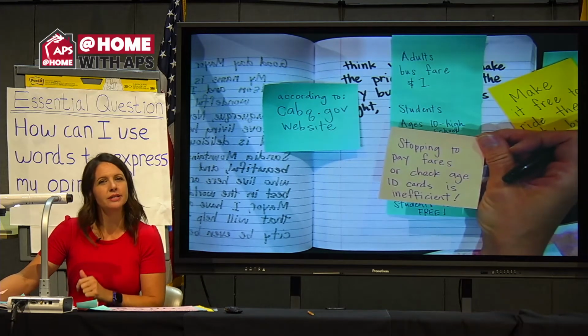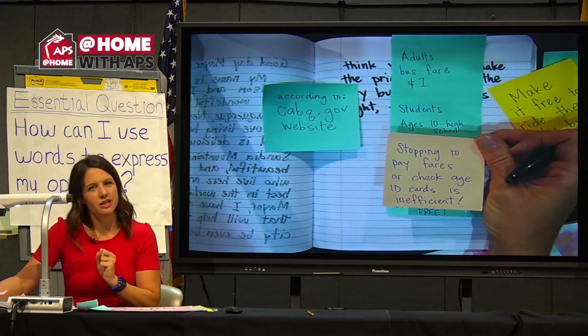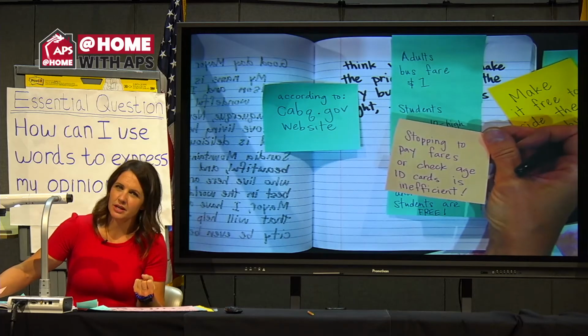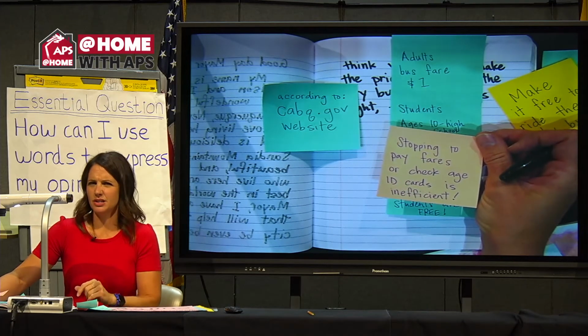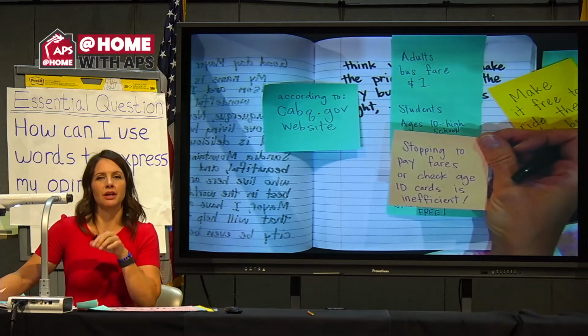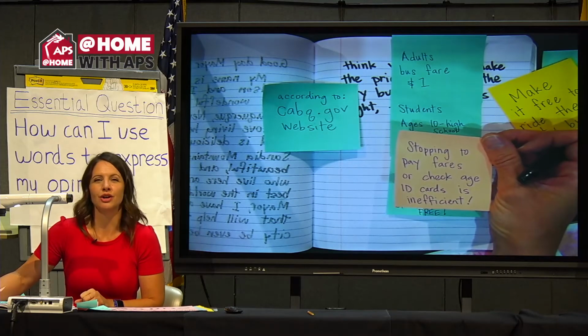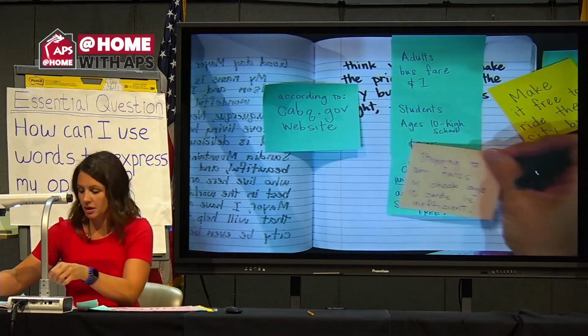Instead, think of all the time that is wasted by checking ages, collecting fees. There's a lot to that. I say, get rid of it. If you're at the bus stop, you can ride the bus for free. Doesn't matter your age. That's my opinion.